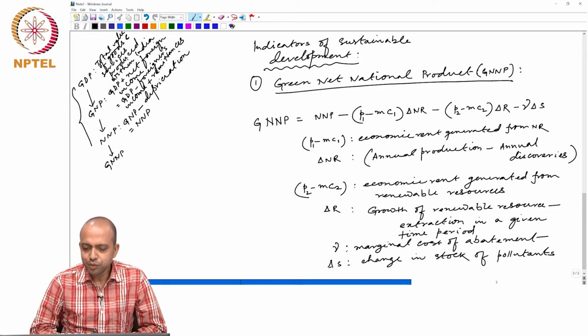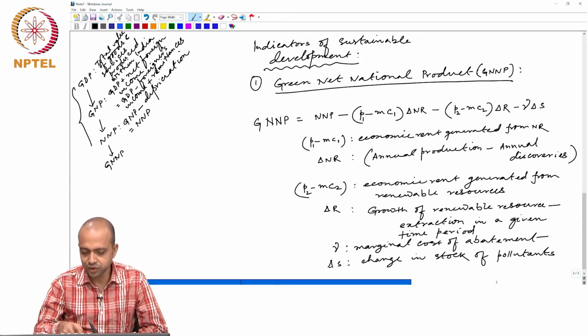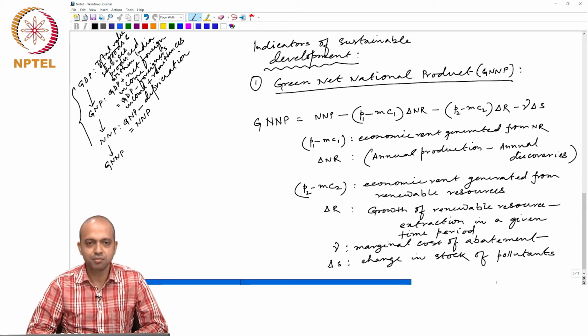But there are certain problems, of course. For example, here aggregation problem will always be there, because there are different types of renewable resources and different types of non-renewable resources. And when you talk about change in stock of pollutant, which pollutant you are talking about? Here we are using only one single marginal abatement cost gamma, but marginal abatement cost for CO2 is quite different from SO2 or NOx, and it also varies from one place to another.